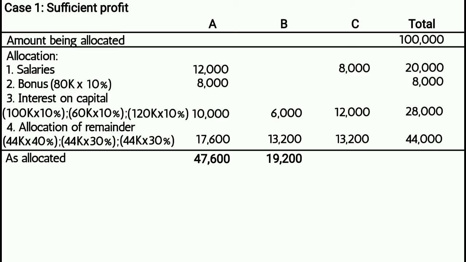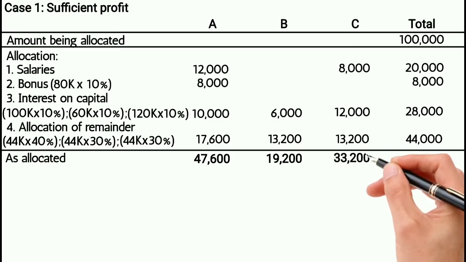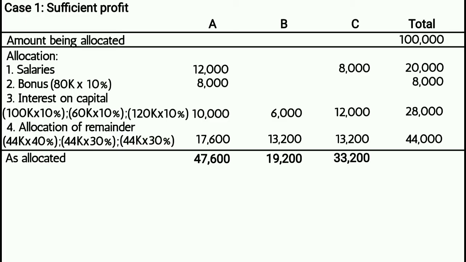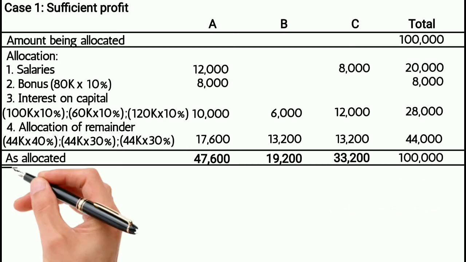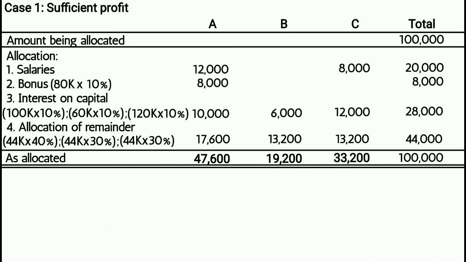For C, 8,000 pesos plus 12,000 pesos plus 13,200, that is equal to 33,200 pesos. All in all, of course, dapat 100,000 pesos. Kasi yan yung inallocate natin na amount.